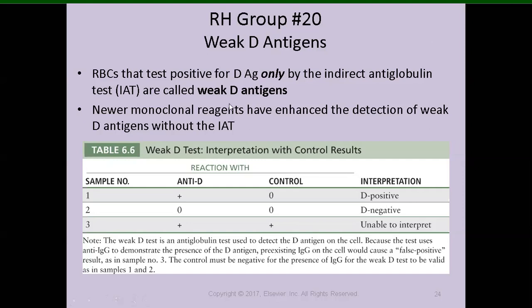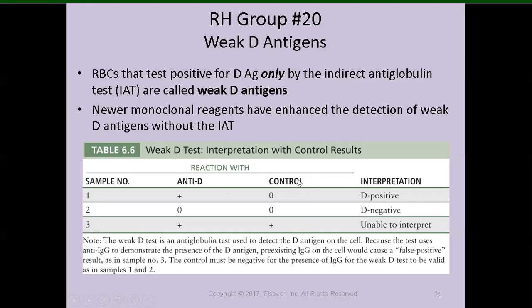Newer monoclonal reagents on the market have enhanced the detection of weak D antigens without doing the indirect antiglobulin test. But we're going to talk about this test anyway, because it's important for you guys to understand it.